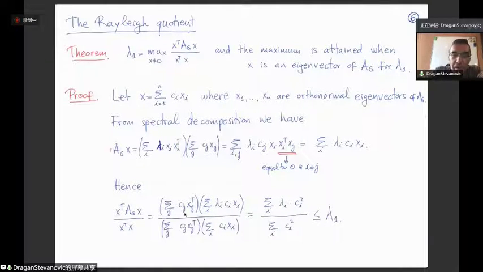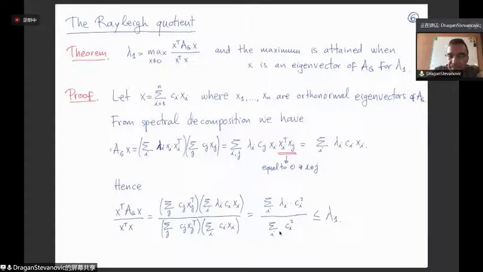And now when we combine these two sums, only the terms where i is equal to j survive. And of course, in such summands, x_i transpose times x_i is equal to 1. So this whole product will be just the sum of lambda_i times c_i squared, and below we will have the same situation but without lambda_i. So it will be just the sum of c_i squared.